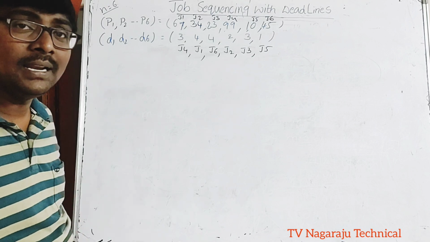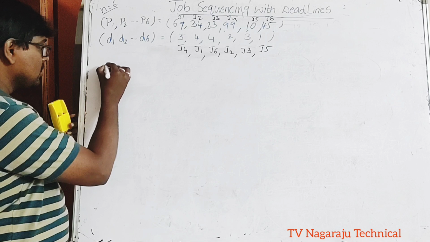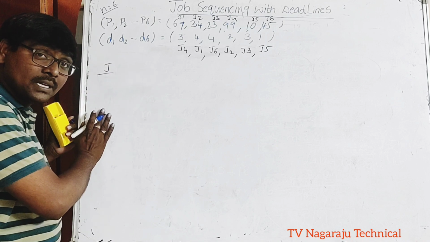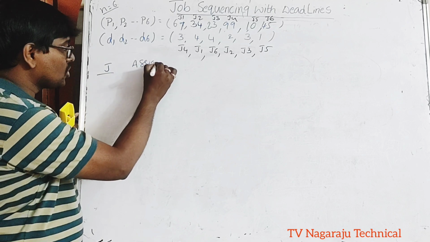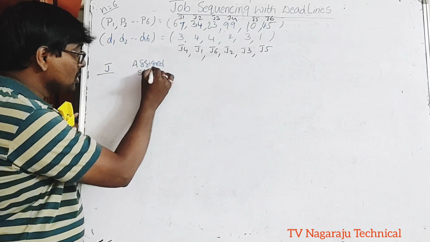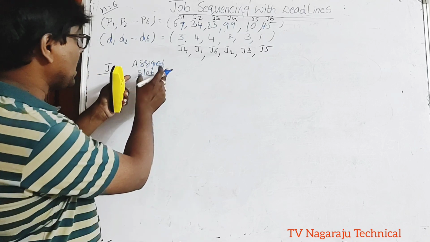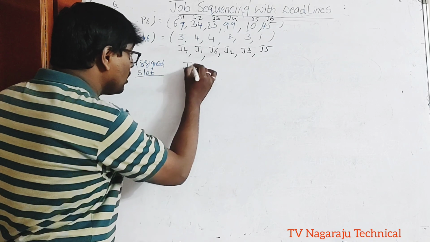Now implement this job sequencing with deadline with greedy. Here we track which job has been selected and which job is completed, and the assigned slot, that is, which slot we have assigned. I will explain with an example. Along with the assigned slot, what are the things you need to consider?